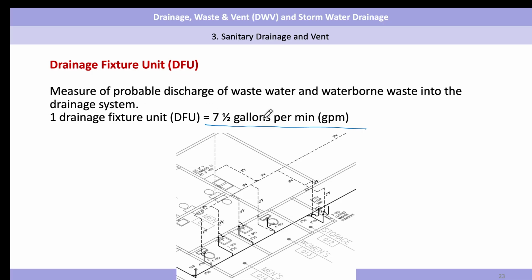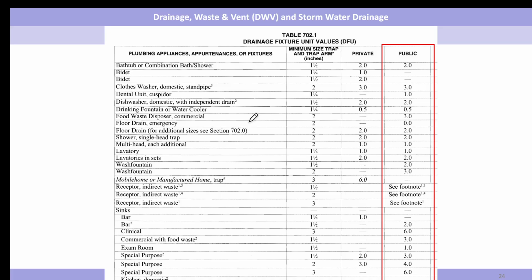So 1 DFU is around 7.5 gallons per minute, GPM. So if you, as the owner, don't want to spend too much time calculating the exact water consumption or the peak time water usage, you can use this method. But for instance, in this class, we will introduce another way, the same as the WSFU calculation method.